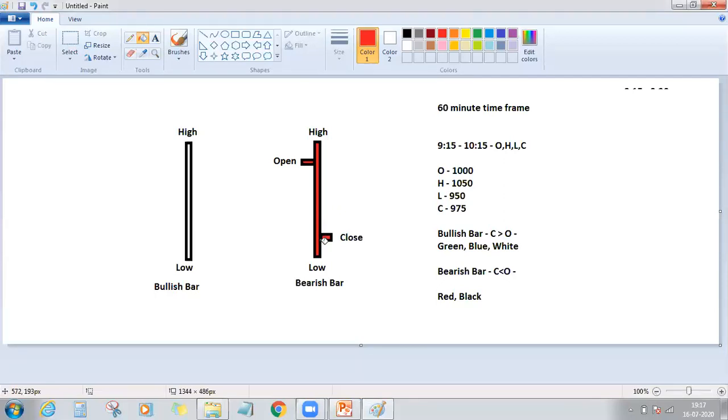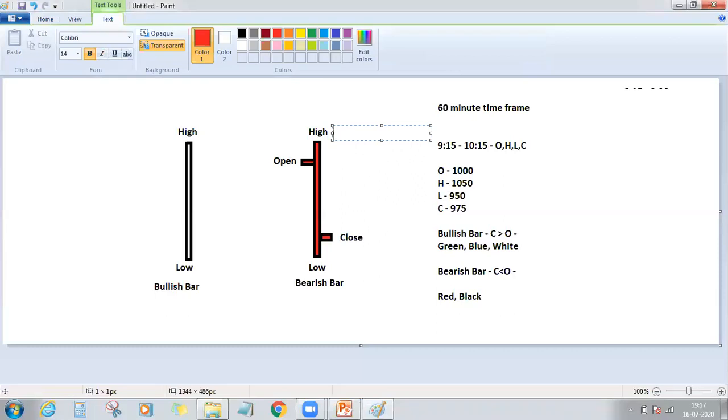So if the body of this bar is black or red in color, then the price was bearish. Now here you can write down these prices. So high price was 1050. It opened at 1000. It closed at 975 and it made a low of 950.